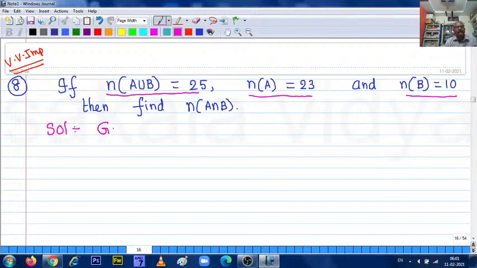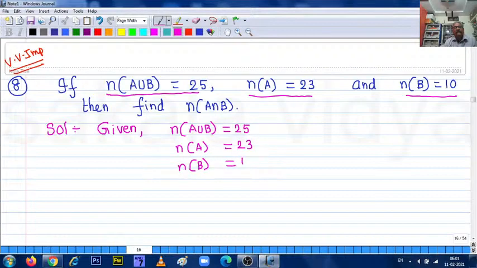Given data is very important. n of A union B is equal to 25. n of A equals 23. n of B equals 10. And n of A intersection B is equal to question mark. So we have the formula. Remember this formula, all of you.